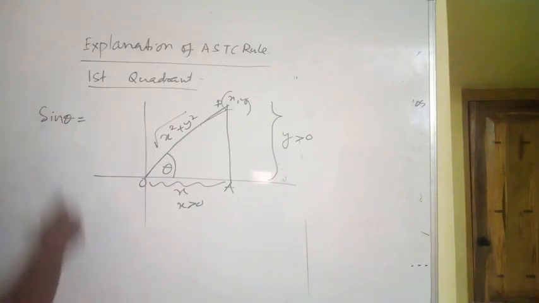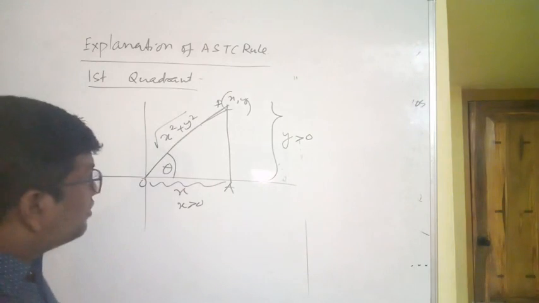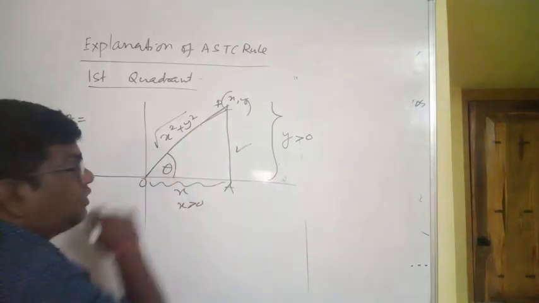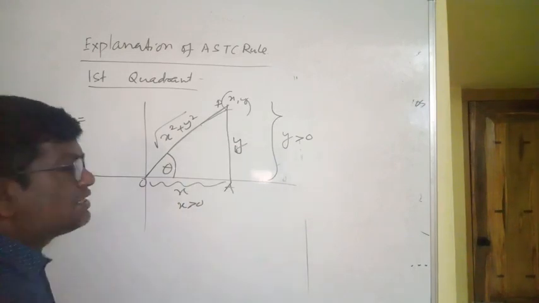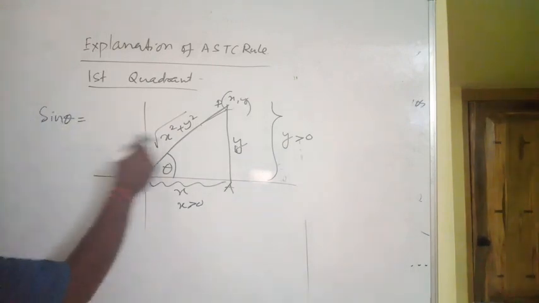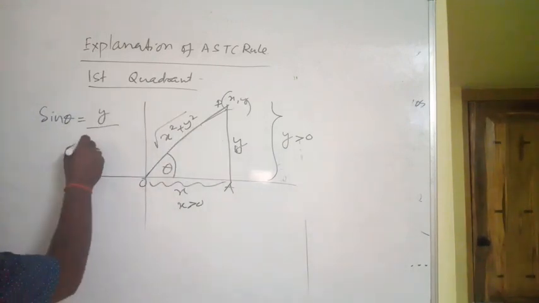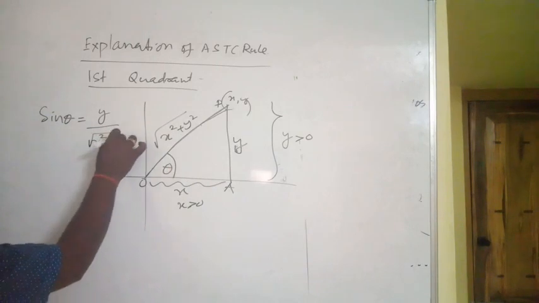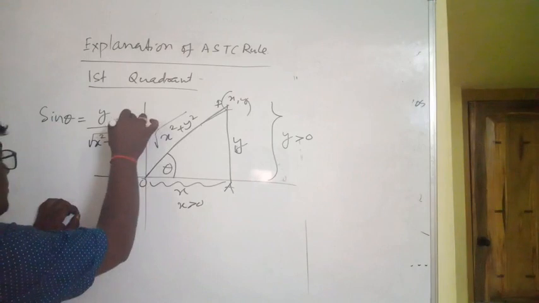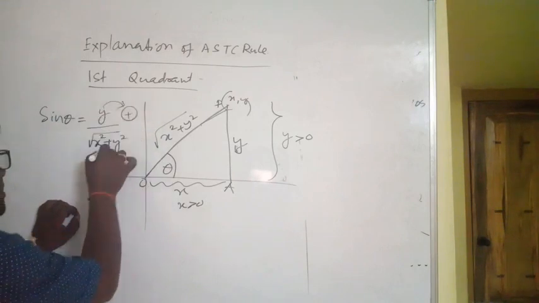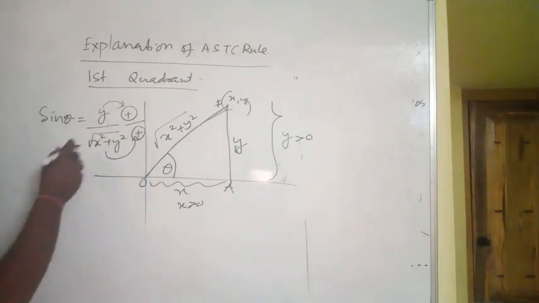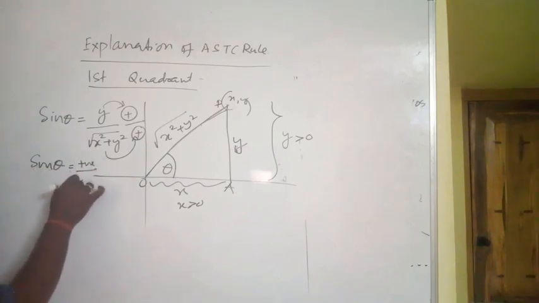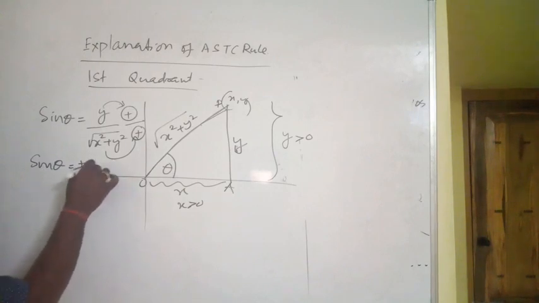Sin theta is p by h, where p is the side opposite to theta. So sin theta = y/√(x² + y²). Here y is positive and this amount is also positive, so positive divided by positive is positive.